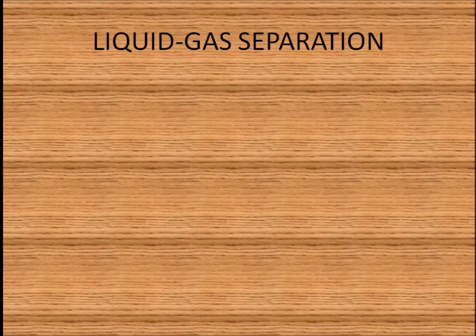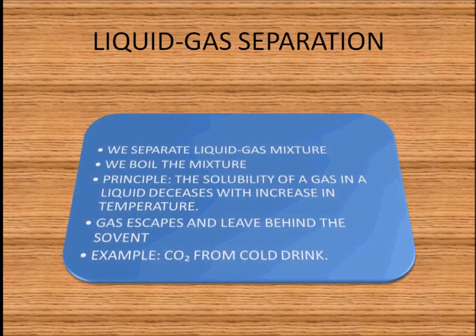So friends, how do we separate a liquid and gas mixture? It is separated simply by boiling it. So how do we do it? When a mixture of gas and liquid is heated, the gas escapes from the solution, leaving the solvent behind in the container.